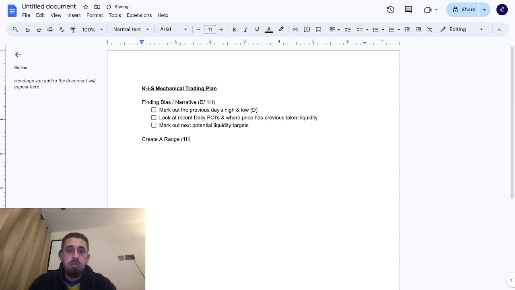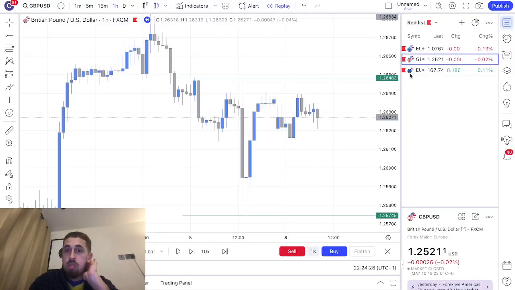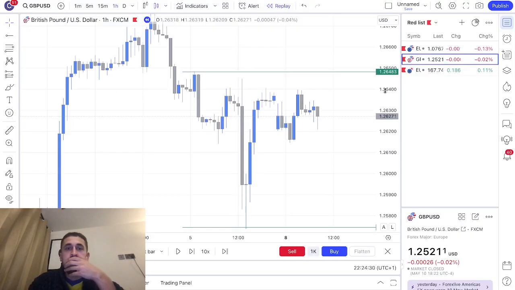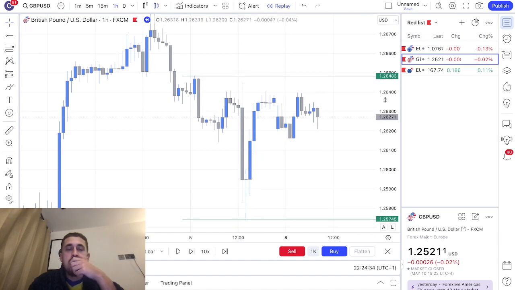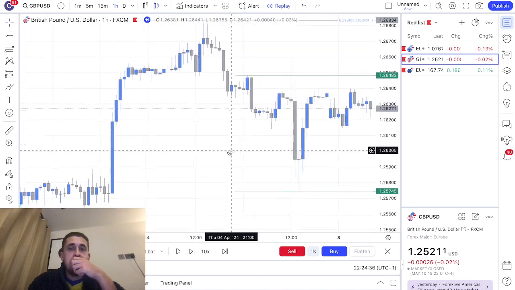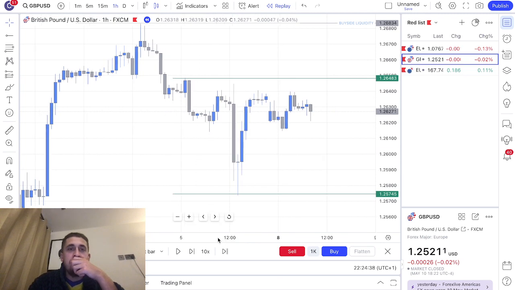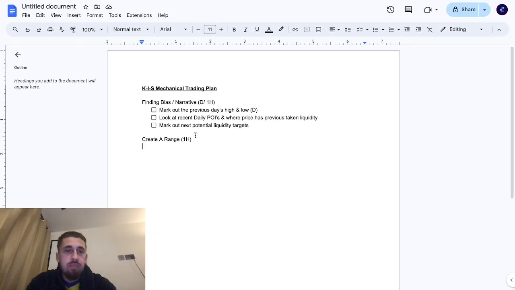So, a 1 hour range. We're gonna look at where the price action is, again just relative, just recent.